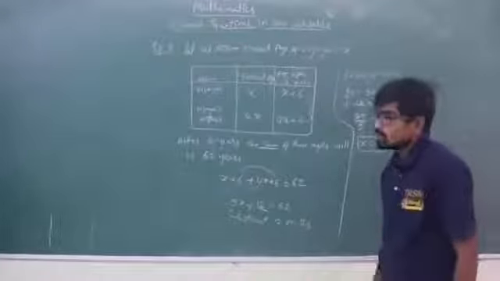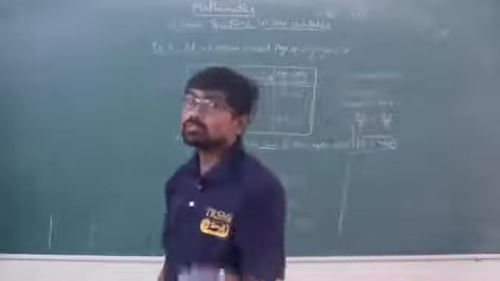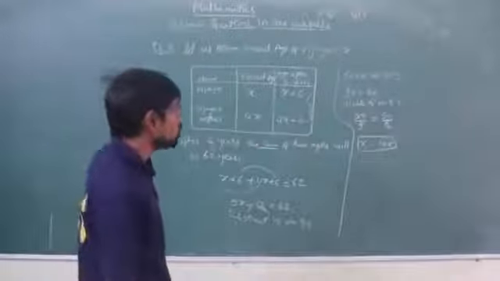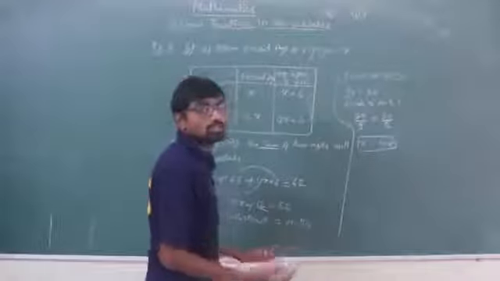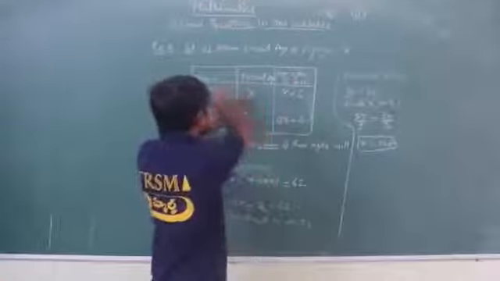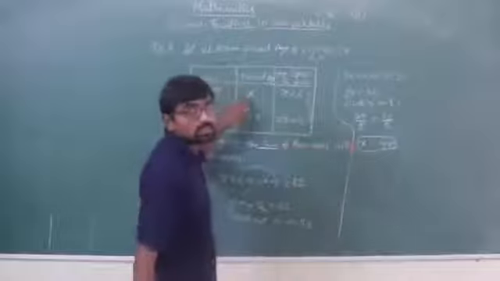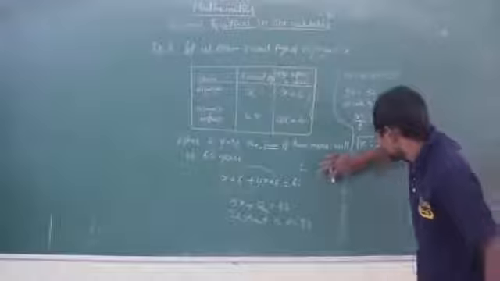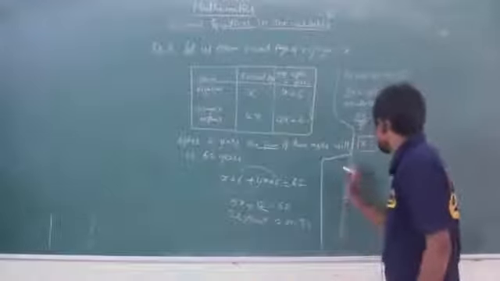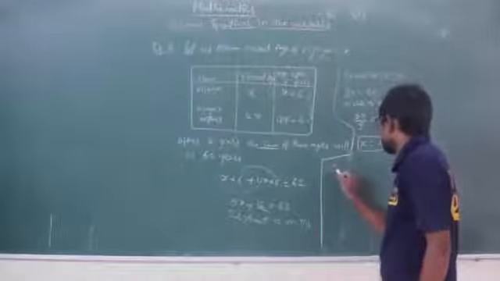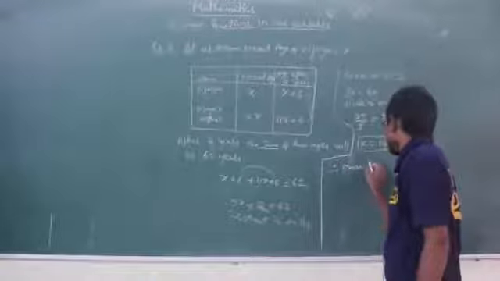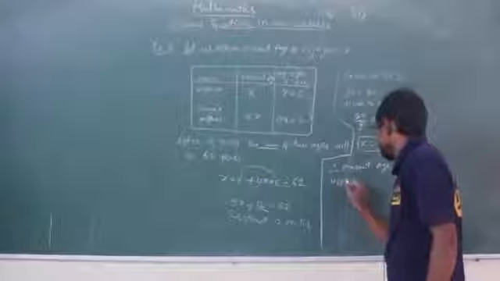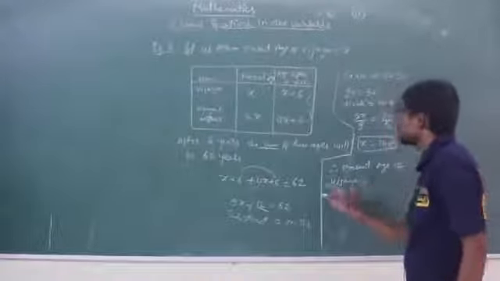10 years. So what did he ask? He asked to find the present ages, isn't it? So how will I find? You have got it here. See here, what is the present age of Vijaya? X. I have got the age x. Therefore, the present age of Vijaya equals what?